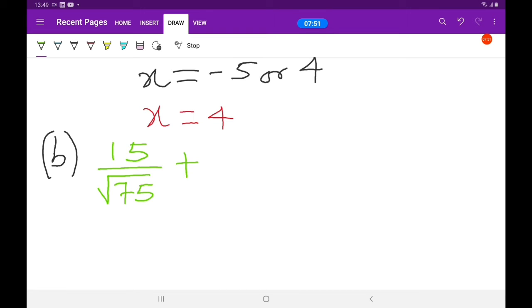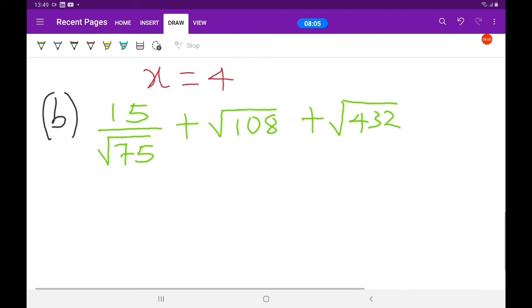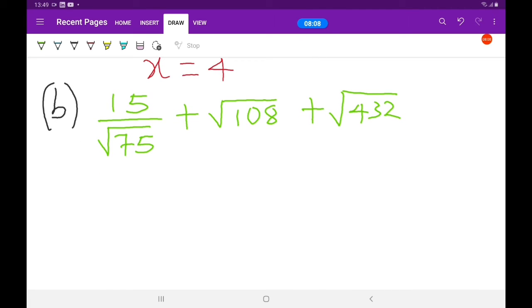I'm trying to write the question again so that you can view it from there. Plus square root of 432. So in this case, you are going to look for two numbers such that when you multiply them, one will be a perfect square and one will be just a number that you can use straight.